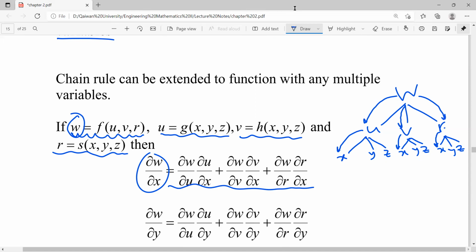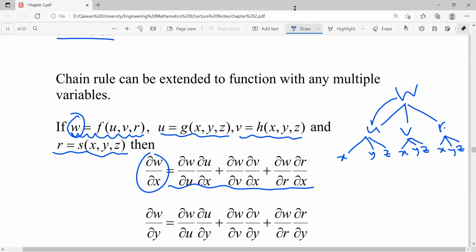How about partial W by partial Y? We do the same. To find partial W by partial Y, we can get Y from U, V, and R. That means we should use chain rule.